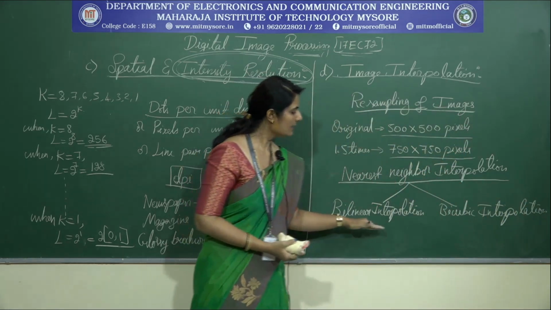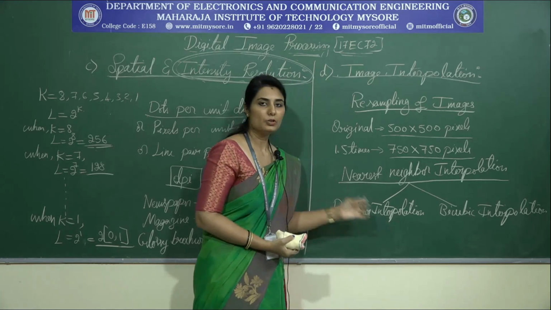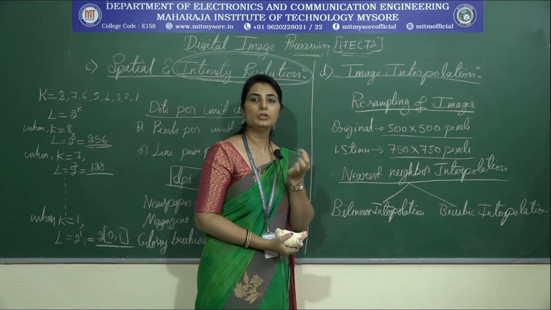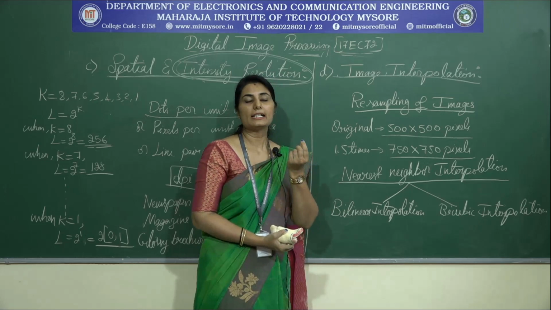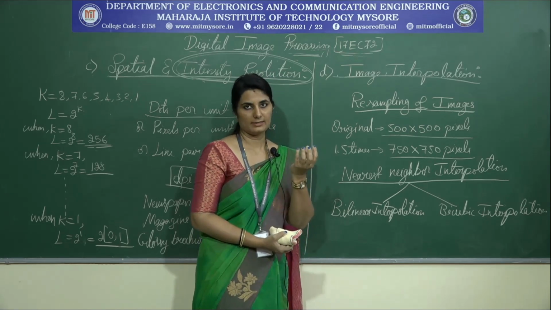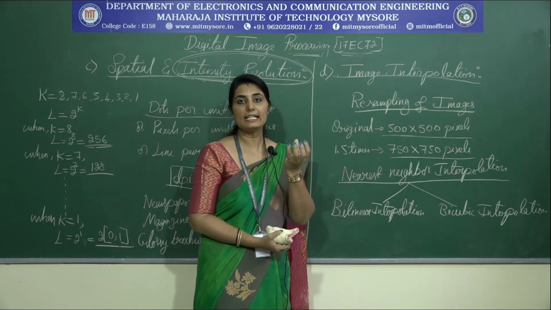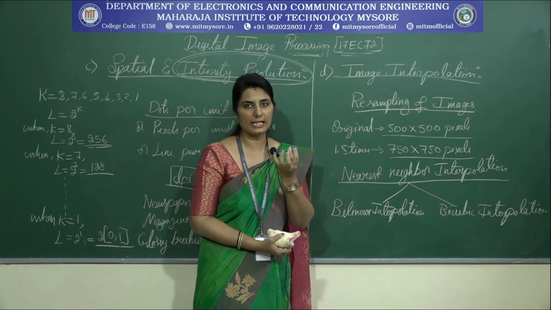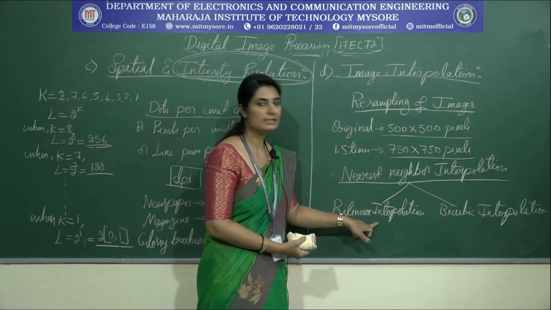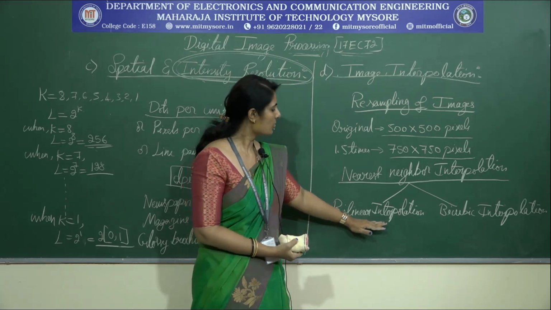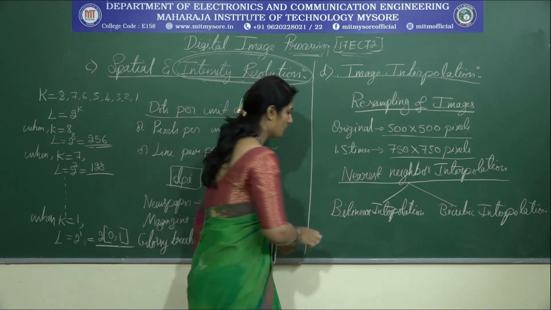In bilinear interpolation, the new pixel is assigned a new intensity value by considering the 4 neighbors around that particular pixel, by considering the intensity levels of those 4 neighbors, which we call bilinear interpolation.